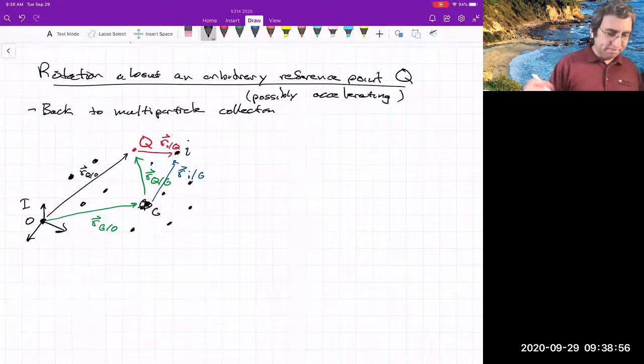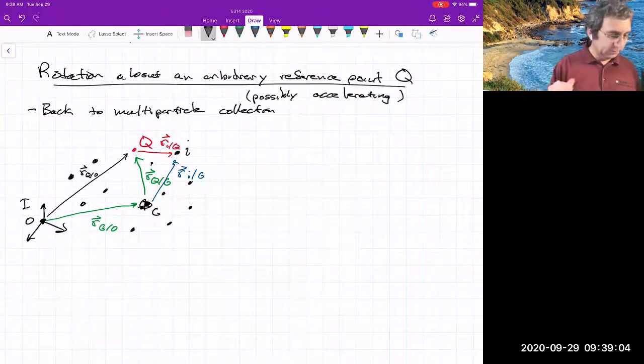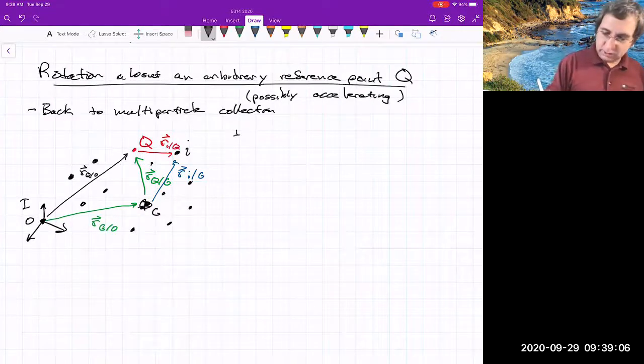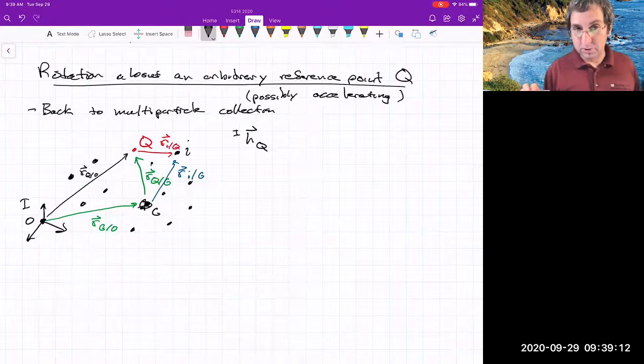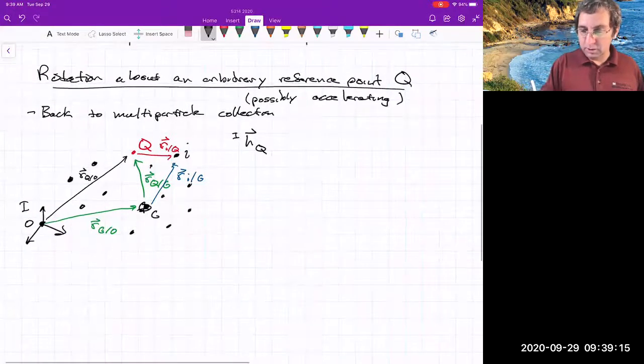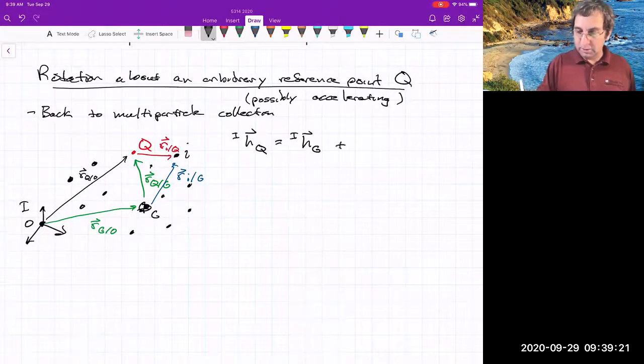So we've chosen some point Q that's convenient for our calculation. And here's what we expect. We expect that the angular momentum of the collection of particles with respect to the point Q, so about the point Q, is going to be the angular momentum with respect to the point G plus something. And we want to find out what that something is.